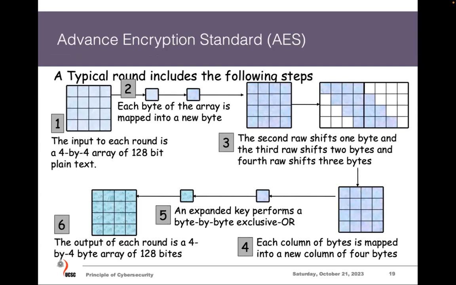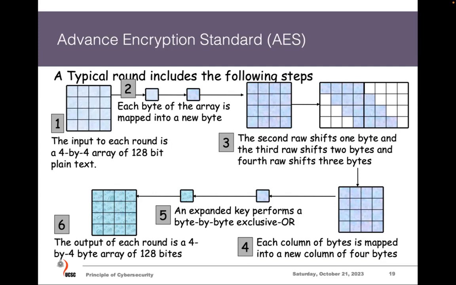To get a feeling at an abstract level of how this encryption and decryption happens, let's have a look in a little more detail at how we implement the encryption side of the Advanced Encryption Standard. There is heavy mathematics behind the algorithm.